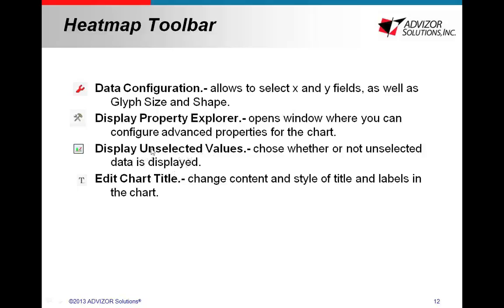In here, you definitely want to have display unselected values, because I really recommend that, because you want to see how much of the selection fills the whole box. That's a nice visual, so I'll show that in the demo. And also our option to edit chart titles and labels.